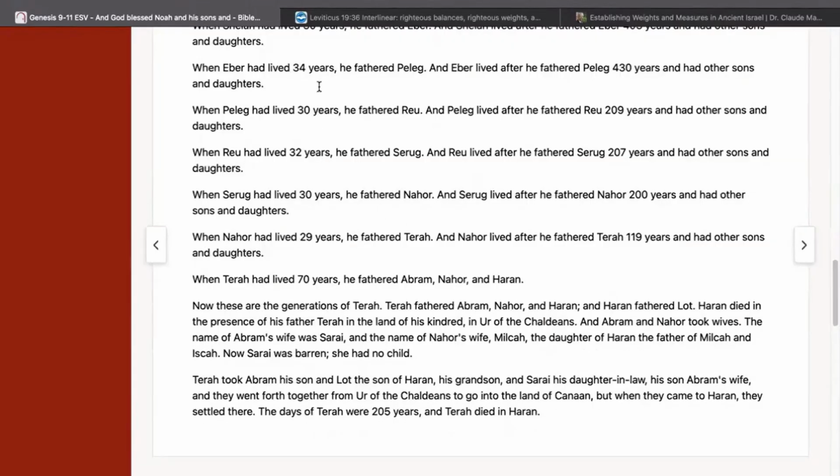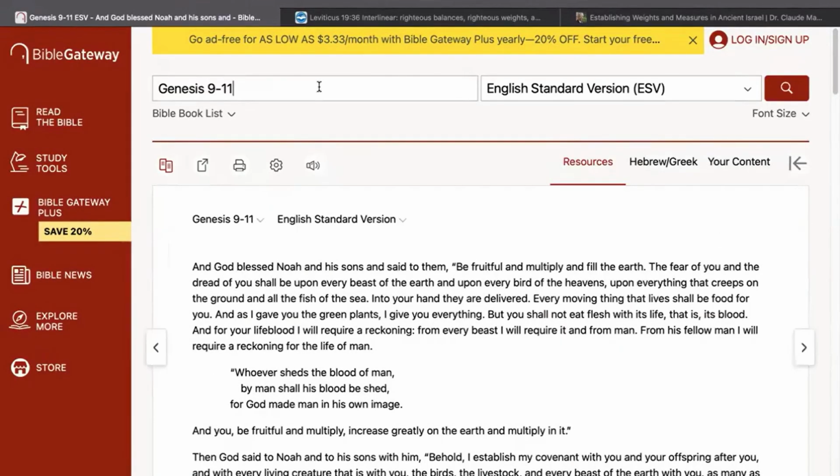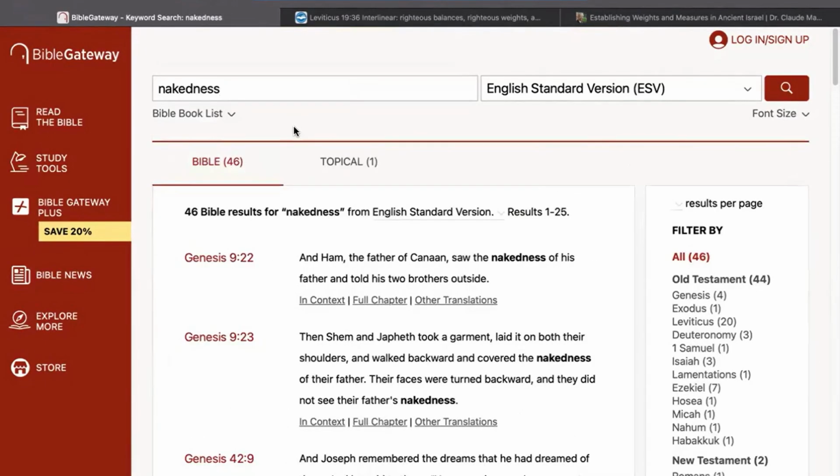So let's see. One of the good things about Bible Gateway is you can do a keyword search. Nakedness. And then doing the keyword search, it'll bring up every time that word appears.